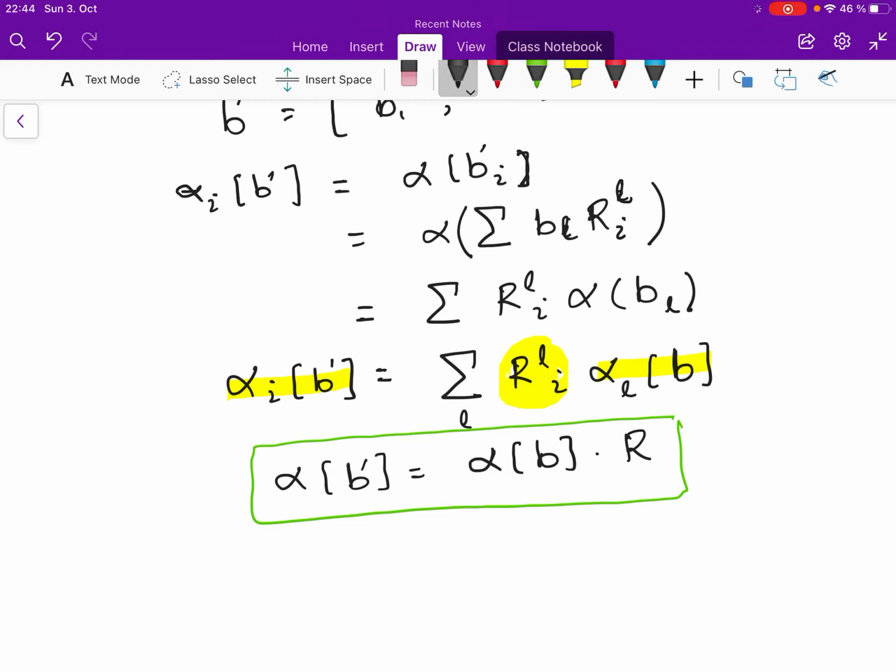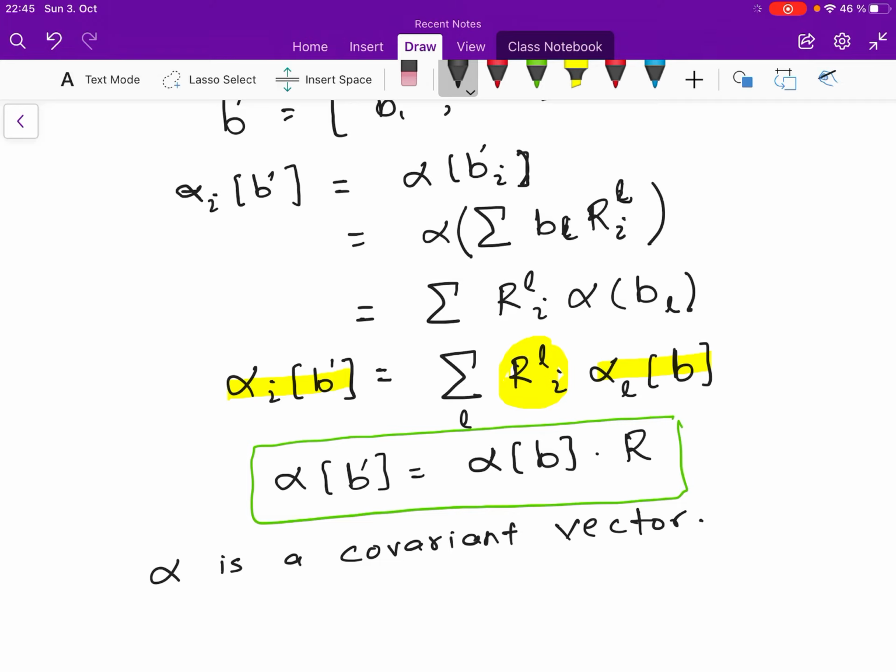So alpha is actually a linear functional, or we can say alpha is a covariant vector, because it transforms in accordance with the change of basis matrix.